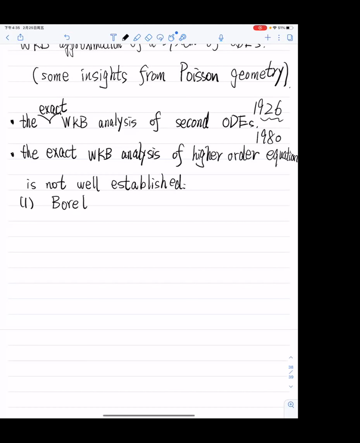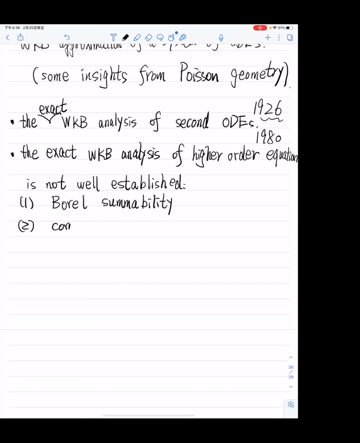So we cannot easily resum the formal solution. Another one is that in the exact WKB analysis, you should resum your formal solution in some sectors, and you cannot resum it in a uniform way. Therefore, there exist some Stokes phenomena.